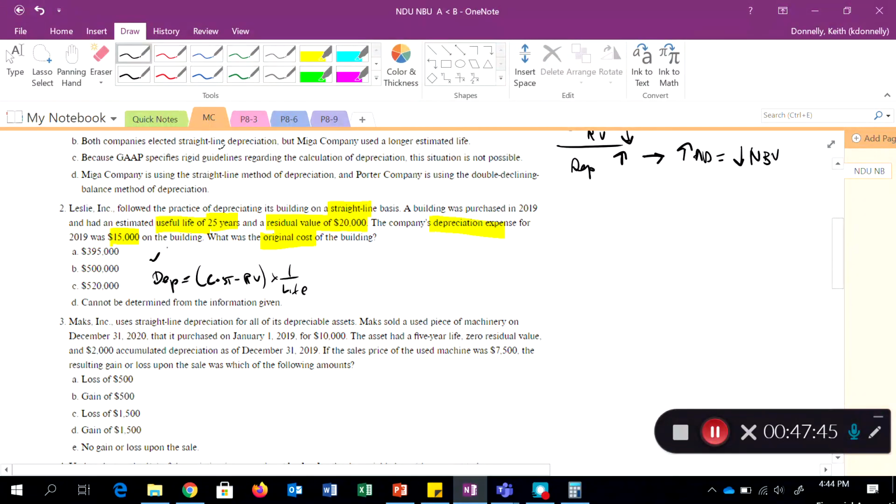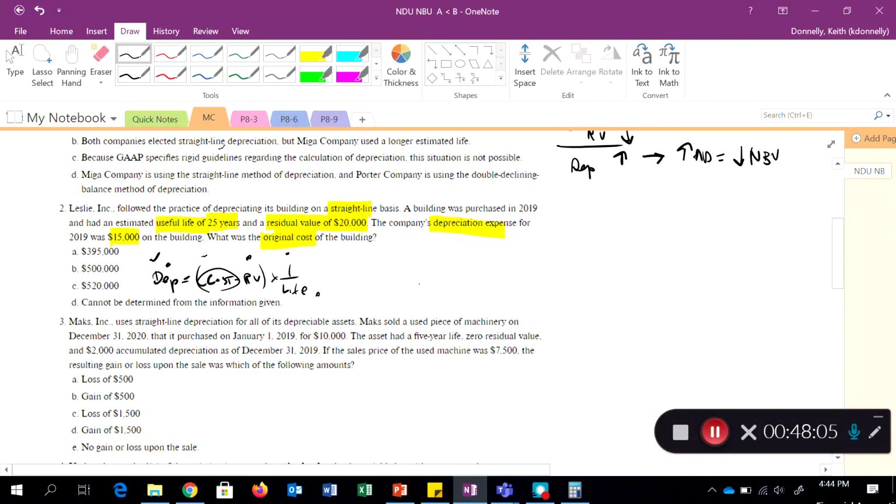What they're doing in this case is they're giving you this, and this, and they want you to solve for that variable. They're just giving you other pieces of the puzzle and making you solve for a different variable.